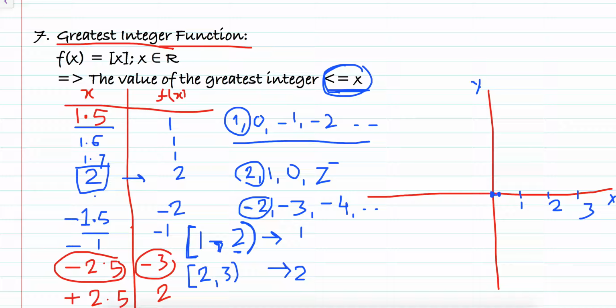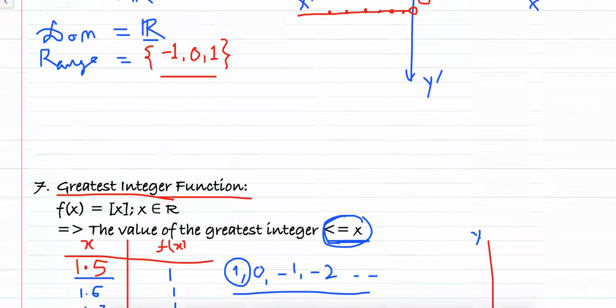So from 0 till just before 1, it's 0. But at 1, its value is 1. At 1, it's not 0. So here we will draw a hollow circle.